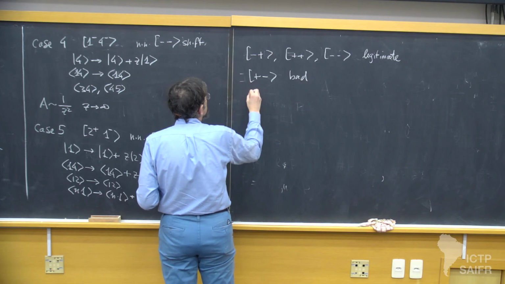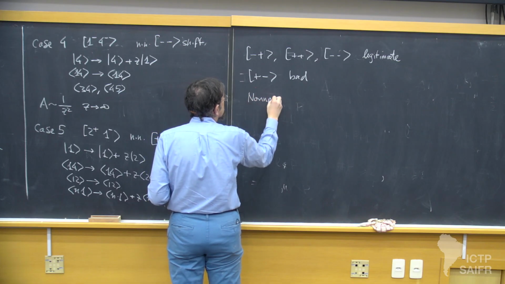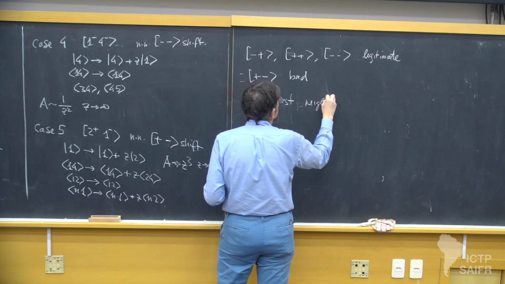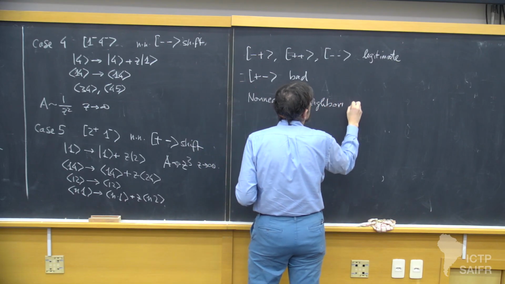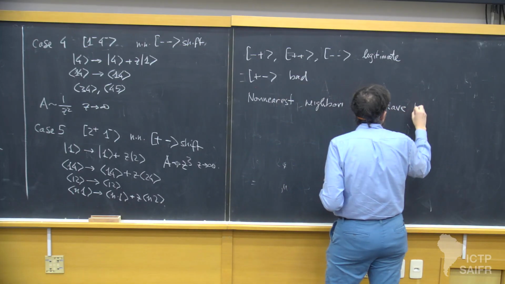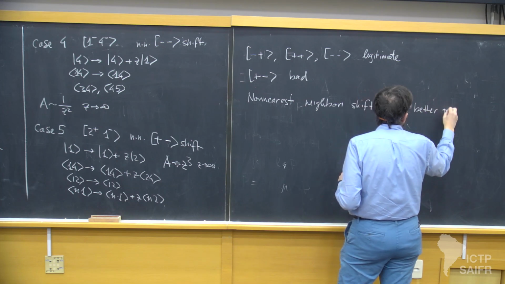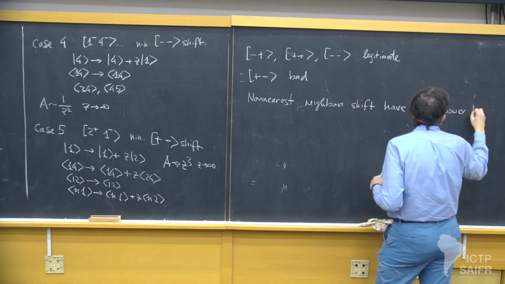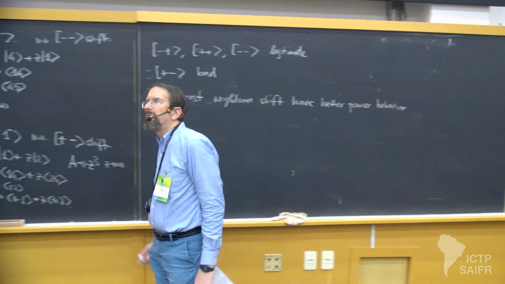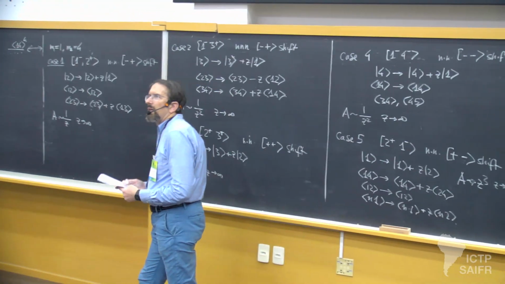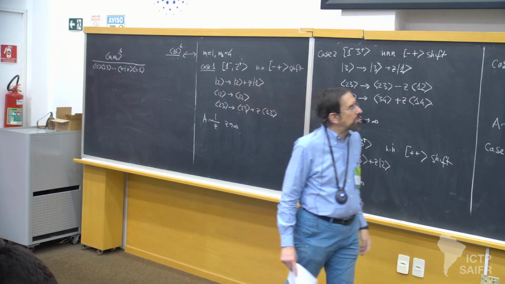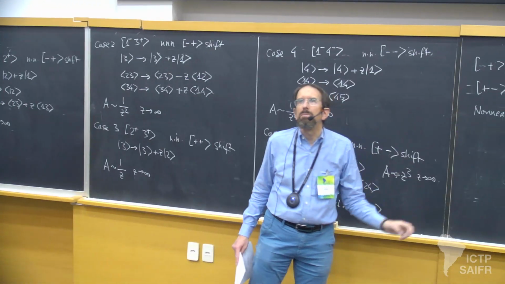And the other feature that holds more generally is that non-nearest neighbor shifts have better power behavior. But of course, you have the penalty, if you were to use them, of having more terms in your BCFW equation, and you don't actually need this extra better power shift for the BCFW equation itself.